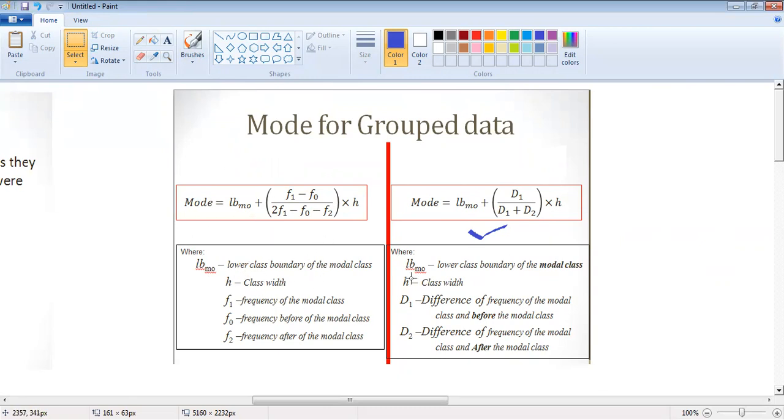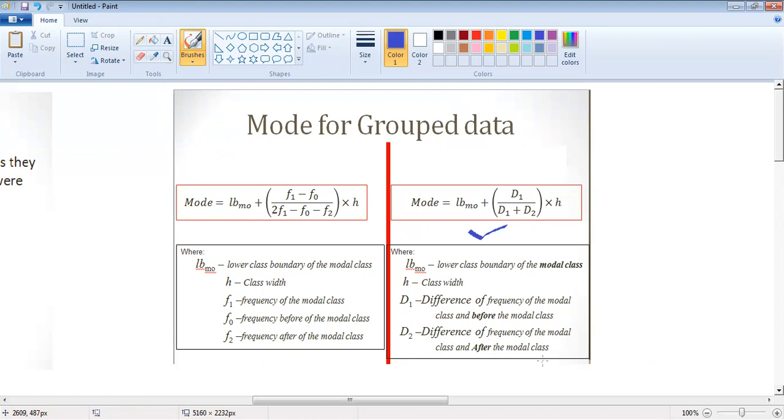By the way, we have all of the things here needed for your formula. So the lower boundary of your modal class. We will talk about modal class after this. H is your class width, D1 is the difference of frequency of the modal class and before the modal class.